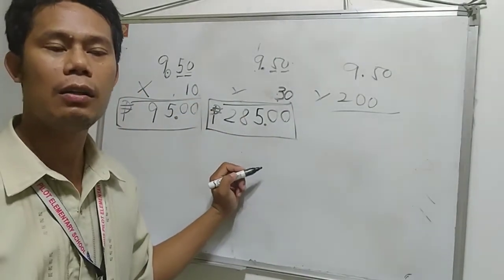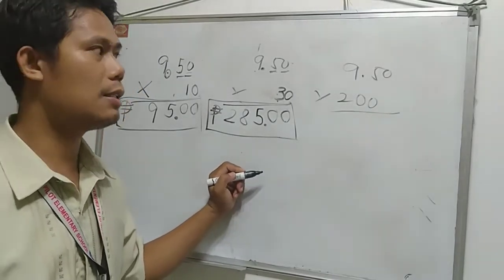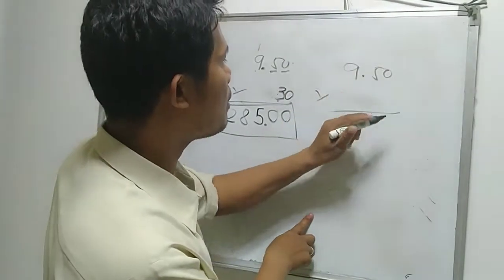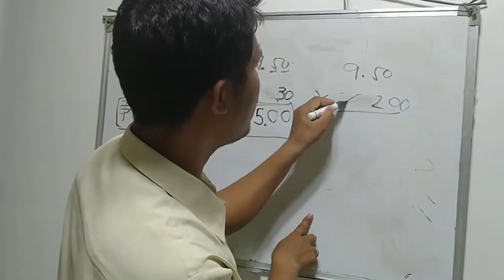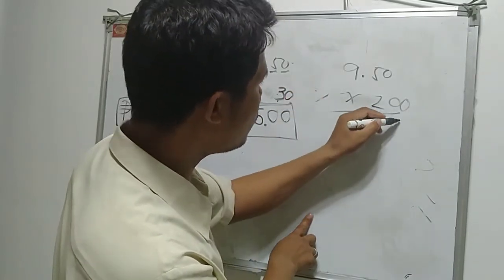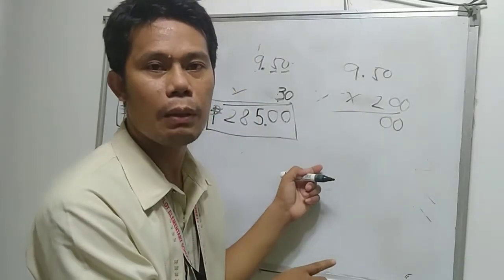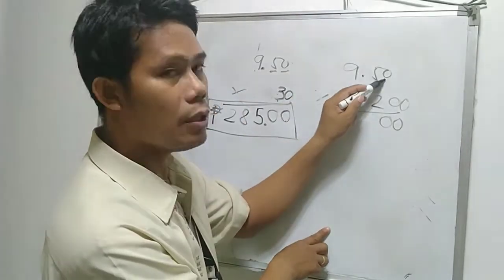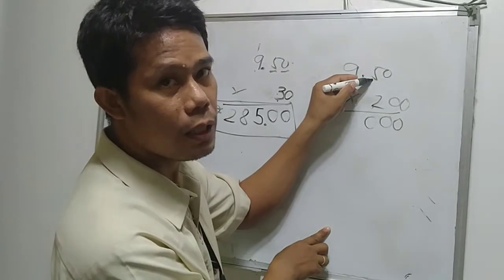Now, let us find out kung magkano na ang kanyang masisave sa 200 days. So again, ilabas lang natin ang dalawang 0. Yan. Then we have 2. So 200. So bring down 2 zeros. Yun po ang pinakamabilis na mag-multiply ng 0. Then 2 times 0 equals 0. 2 times 5 equals 10.